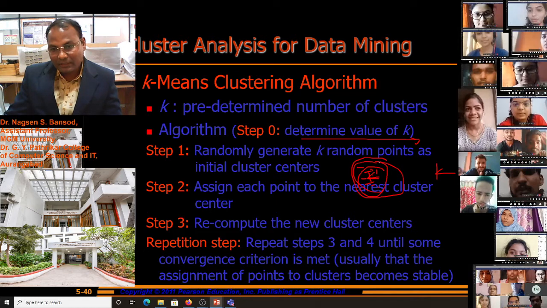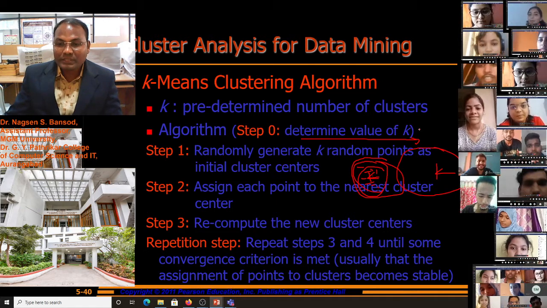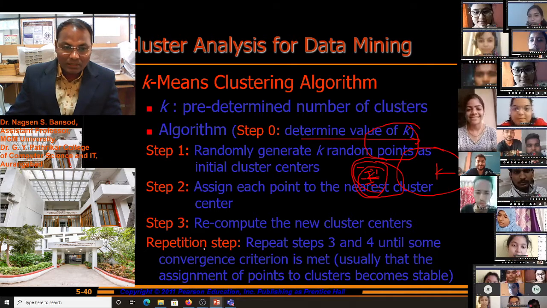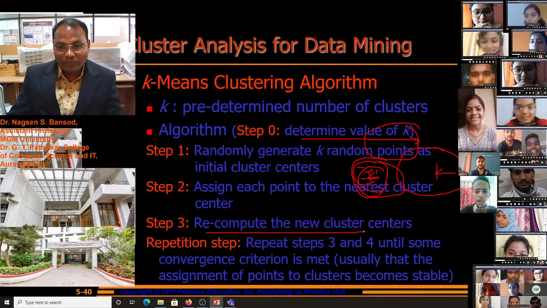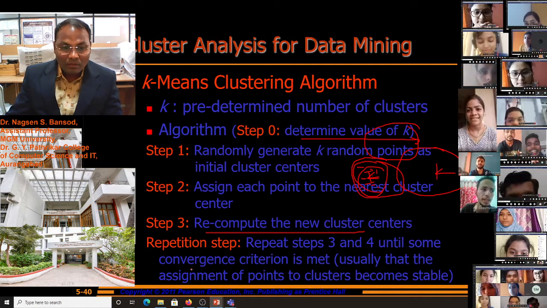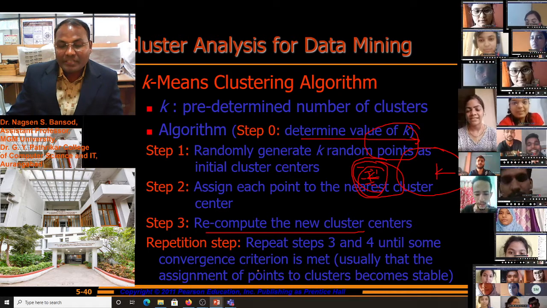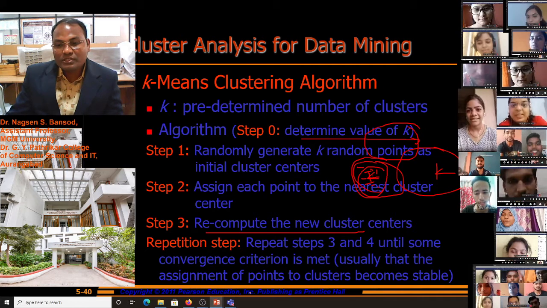Once we have identified one cluster, then identify the new cluster. Likewise, repeat steps 3 and 4 for identifying new clusters until some convergence criteria is met. Usually that is when the assignment of points to clusters becomes stable.